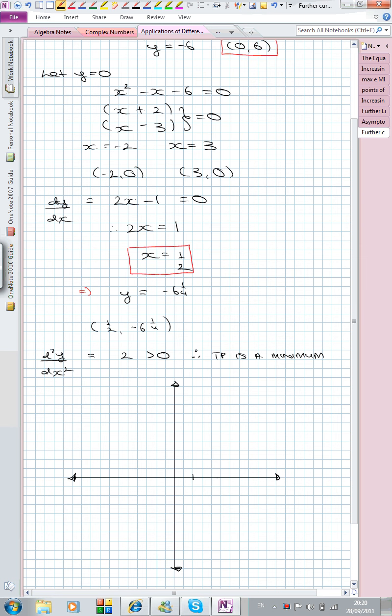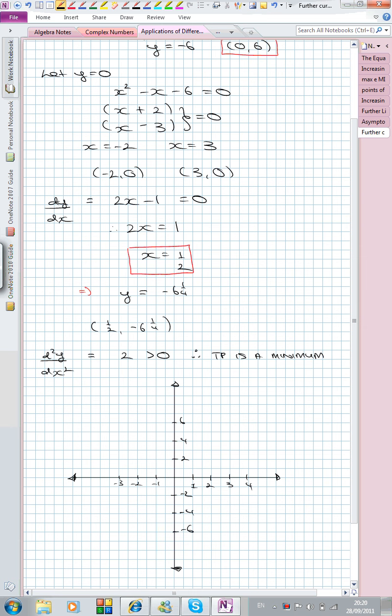So I'm going to go up 1, 2, 3, 4, minus 1, minus 2, minus 3. And in our x values, I'll go up in 2s: 2, 4, 6, minus 2, minus 4, minus 6.